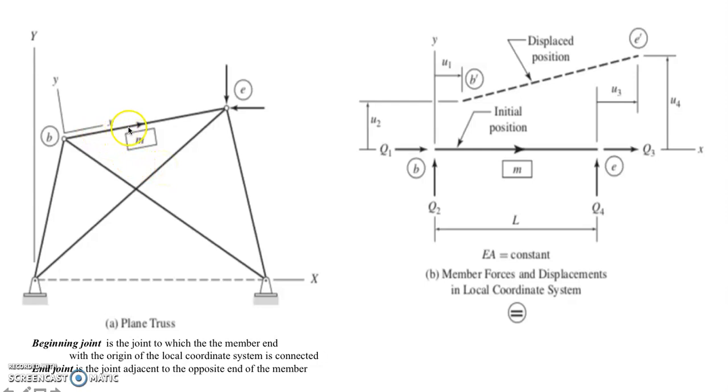Let us isolate member M. If you isolate member M, you now have figure B. As we isolate member M, we have now illustrated the displaced position of member M, a displaced position due to the external forces.